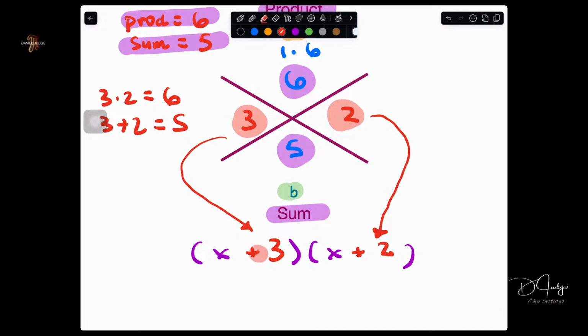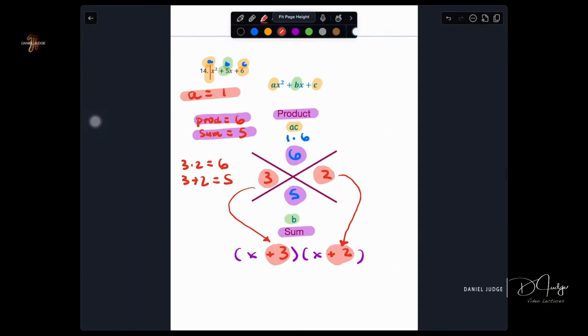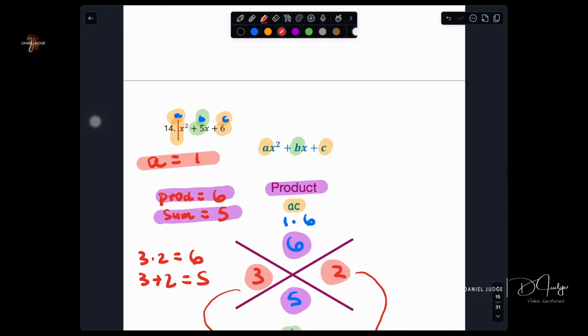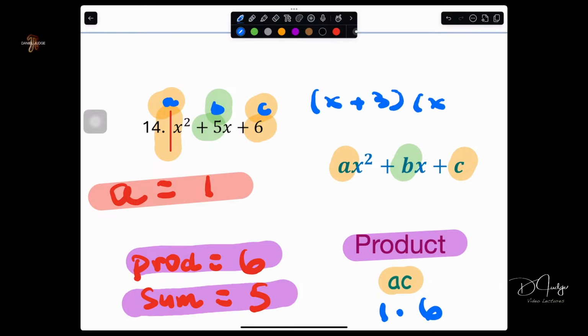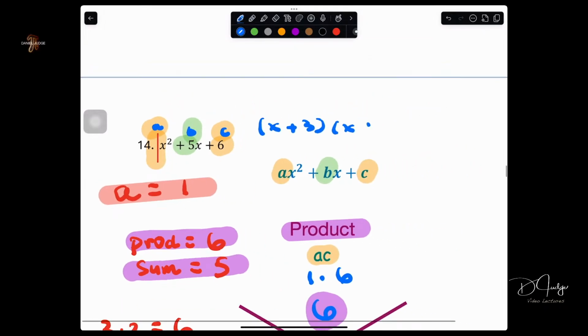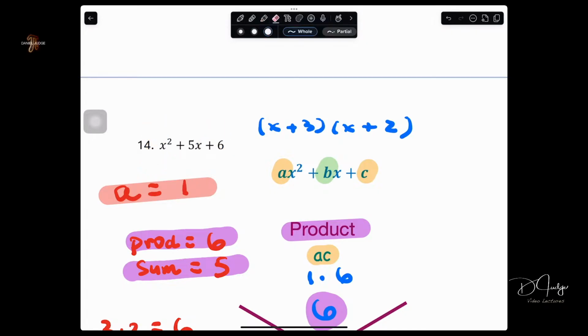So what I want to remark to you guys is the numbers that you found are in your answer. And so we could just simply say, okay, this is x plus 3 times x plus 2 when factored. And there you go. Easy peasy lemon squeezy.